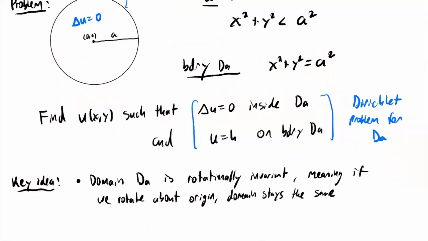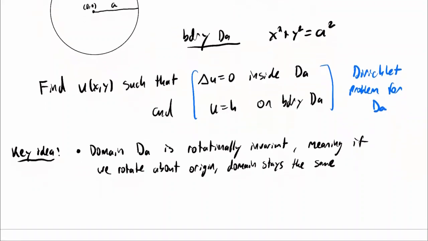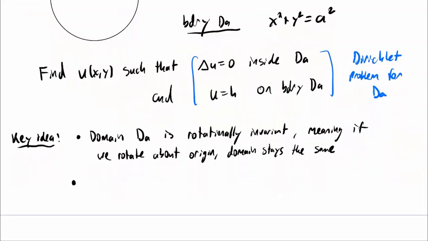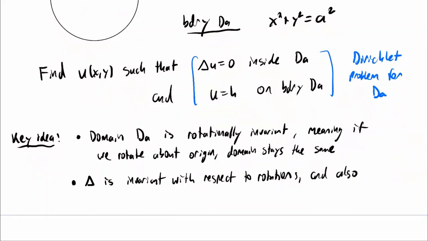Well, this is not true for rectangles, for example, because remember, if you rotate a rectangular domain, it'll look more like a diamond or something like that. Right? Well, we also know that the Laplacian is invariant with respect to rotations in the sense that we talked about in detail in the last lecture, and also has a nice formula in terms of polar coordinates, right?